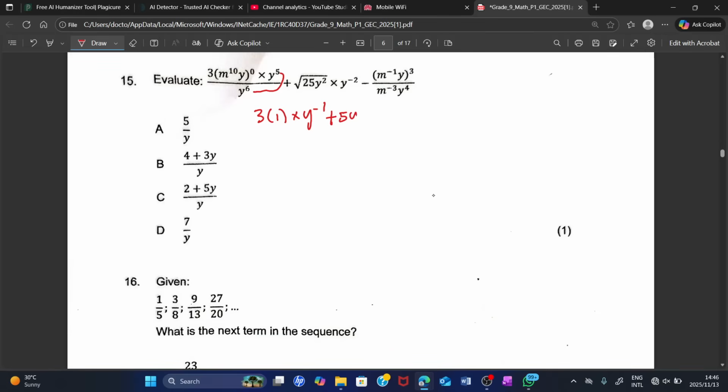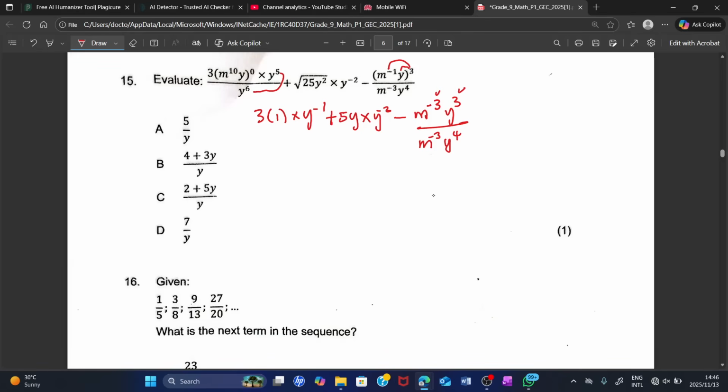Square root of y squared, it's y. Multiplied by y to the power of -2. Then you say minus m to the power of -3, y to the power of 3, over m to the power of -3, y to the power of 4. You get the point? So this 3 here, it multiplies here and there. That's how we have -3 and 3.